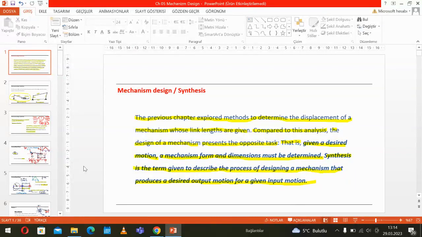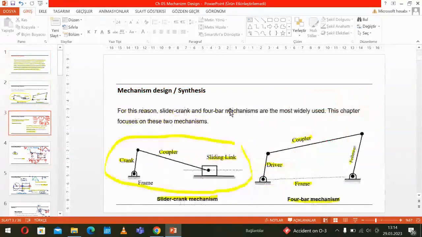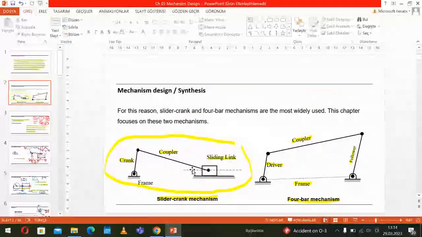So this is what we call synthesis of the mechanism. And we said we will mainly deal with two types of mechanism, the slider crank mechanism and the four-bar mechanism, because they are the often used mechanisms in machinery.